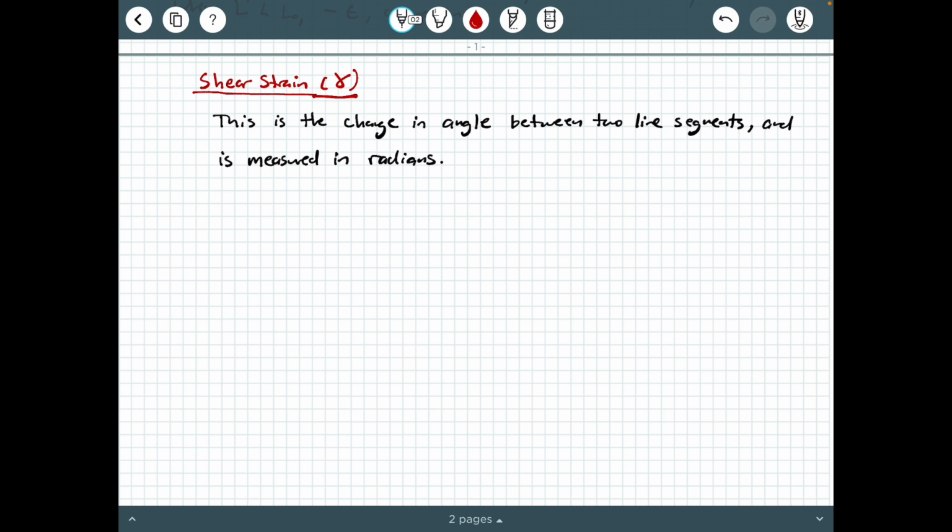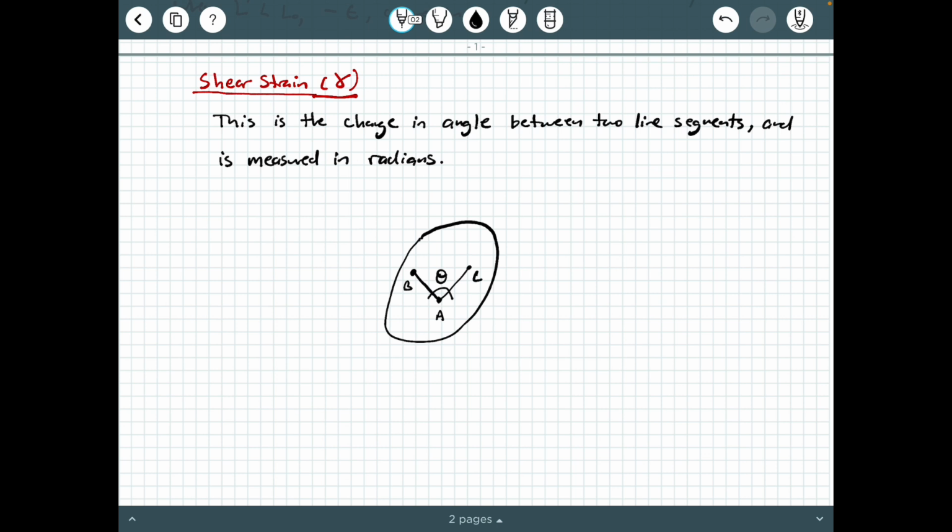So let's say that we have a body here, and let's say that we have two line segments. Let's say that we have line segment AB, and line segment AC. Let's say that there's an angle in between them, and let's call that theta.